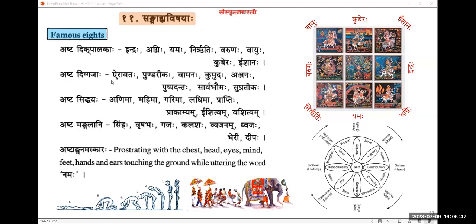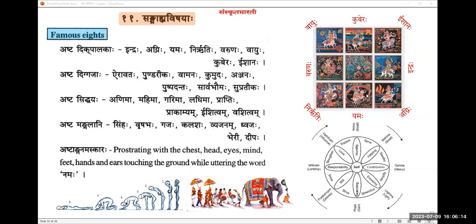Ashtadigajaha. 8 directional gajas. Also kind of similar concept to that. Airavataha, Pundarikaha, Vamanaha, Kumudaha, Anjanaha, Pushpadantaha, Sarvabhaumaha, Supratikaha. In fact, some of these names come in Brihat Katha, which we are reading, right? Interesting. So I think this also proceeds in the same sense.